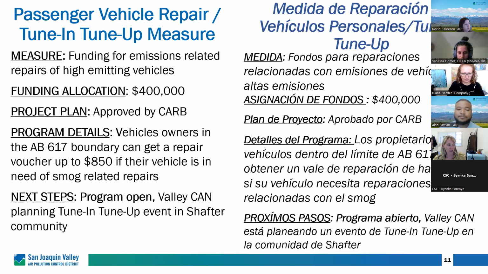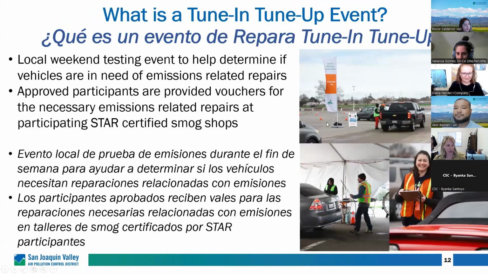This allows us to host an event in the Shafter community, and we are working right now with Valley Can to schedule what that event looks like. Of course, we'll work with all of you to make sure folks know about the event, how to get there, and how to make sure that they show up and get their vehicle voucher for repair.